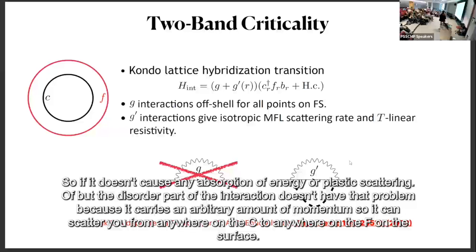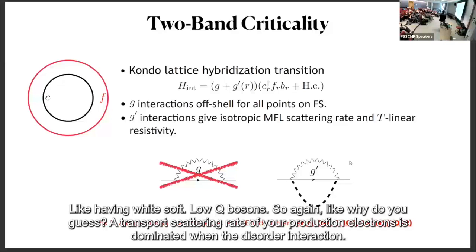But the disordered part of the interaction doesn't have that problem, because it carries an arbitrary amount of momentum, so it can scatter you from anywhere on the C to anywhere on the F Fermi surface by soft low Q bosons.